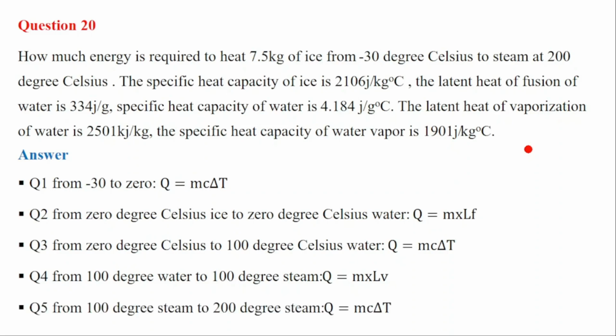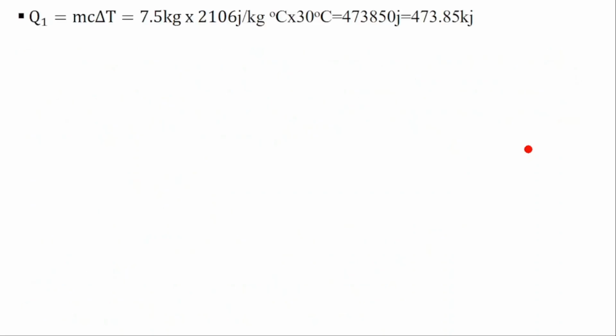Then the last step is Q, which will move vapors from 100 degrees Celsius to water vapors at 200 degrees Celsius. So here we are also increasing the temperature without changing the phase, and we have Q equal to mass times the specific heat capacity times the change in temperature. Let's then replace the values and calculate the heat.